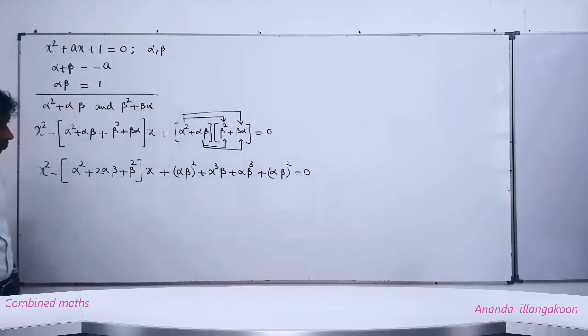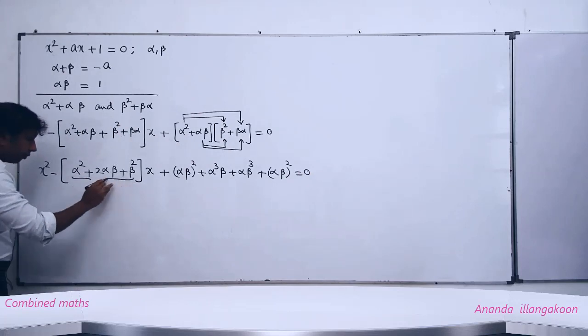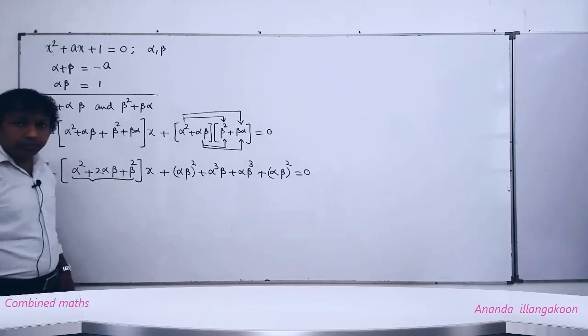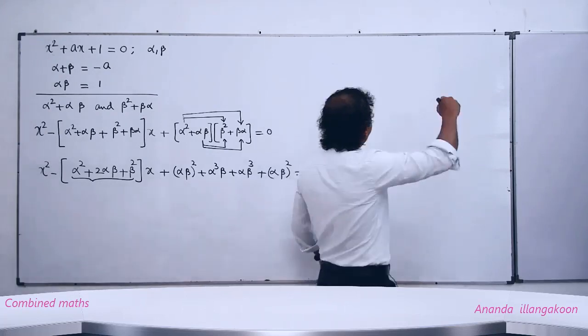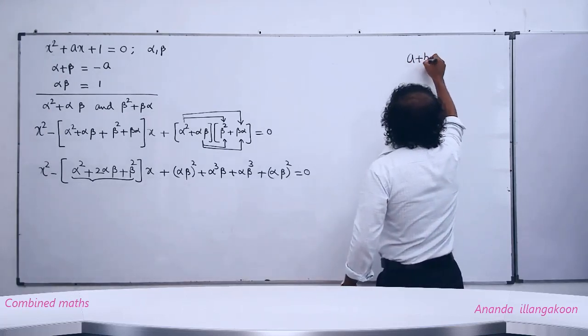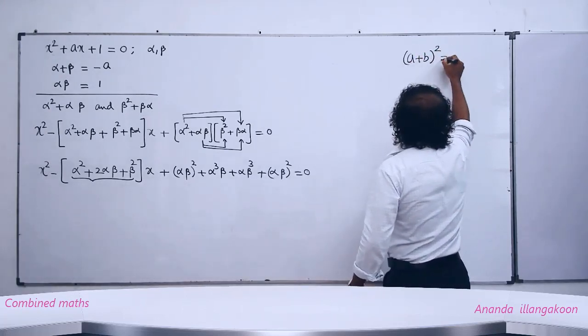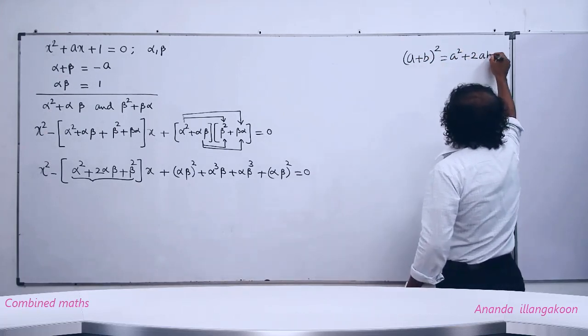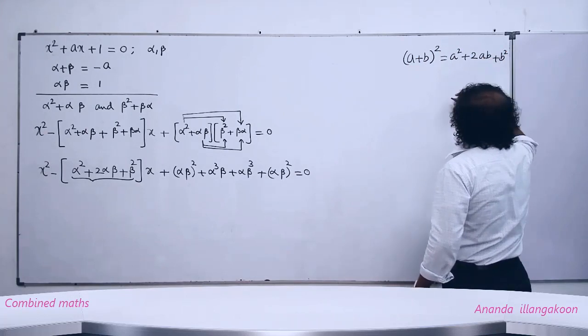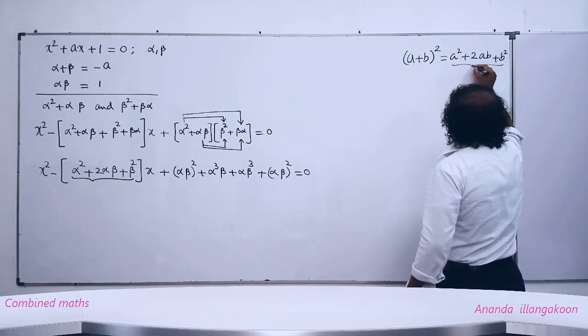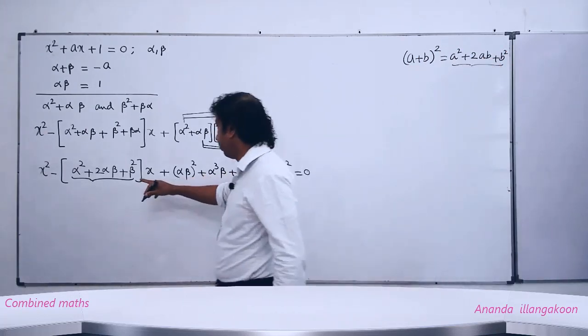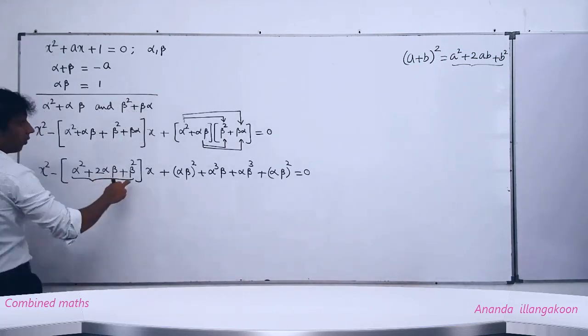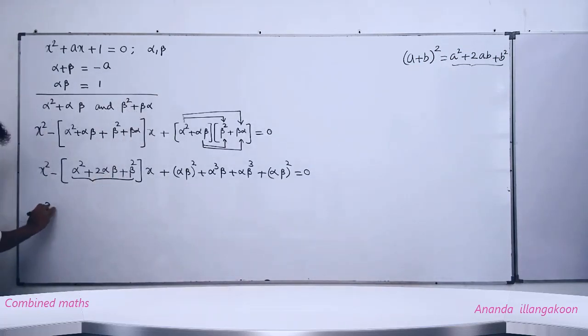This way. Okay, right. Now, people, what is this really? You know the expansion of a plus b to power 2? It is a squared plus 2 times product of these two plus b squared, right? Then similar thing here we have alpha squared plus 2 alpha beta plus beta squared. So then I can write this one.